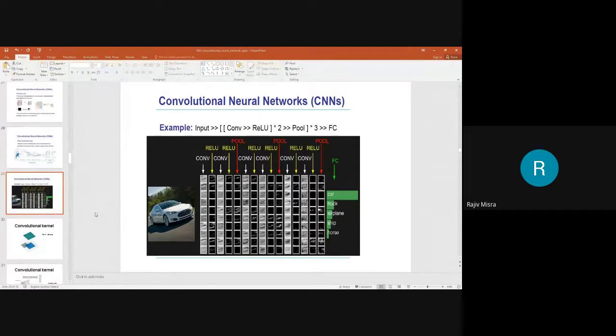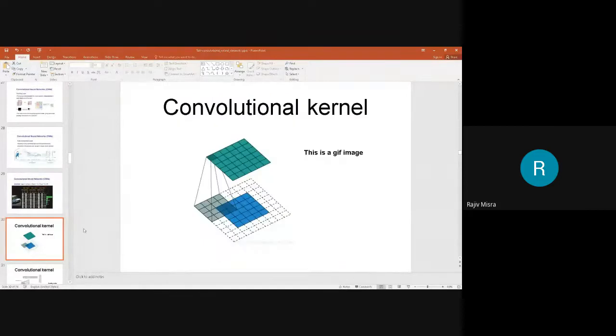Then this entire output is given to the fully connected layer, and the fully connected layer, using the softmax function, will classify this particular image into these different classes. So this is one typical way of writing this convolutional neural network.